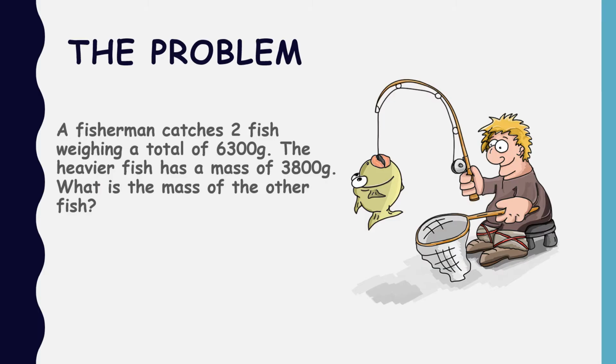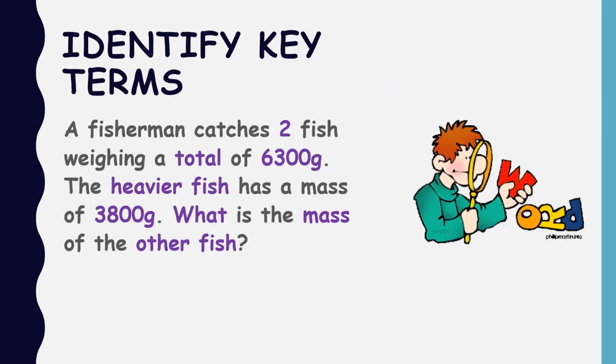Now let's look at a problem. A fisherman catches two fish weighing a total of 6,300 grams. The heavier fish has a mass of 3,800 grams. Now, what is the mass of the other fish? Our first step is to identify the key terms, as we saw in our previous session on word problems. A fisherman catches two fish.